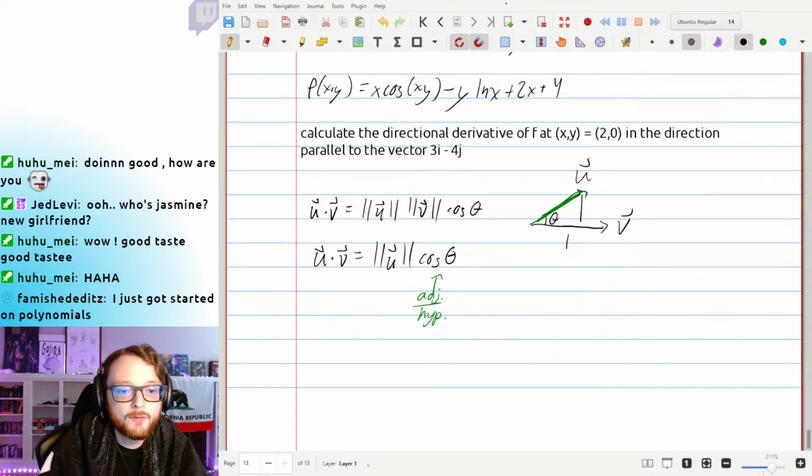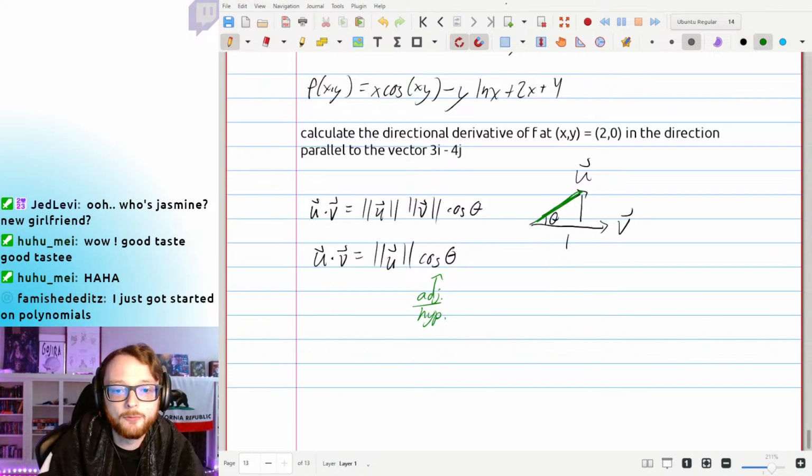So u dot v gives you the magnitude of the component of u that's parallel to v, I believe. And so that's what makes it parallel. The dot product is helpful for telling in general how parallel two vectors are.